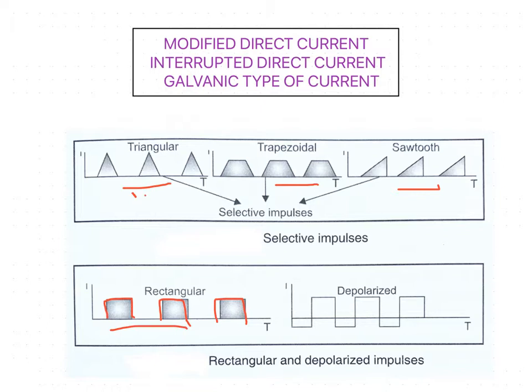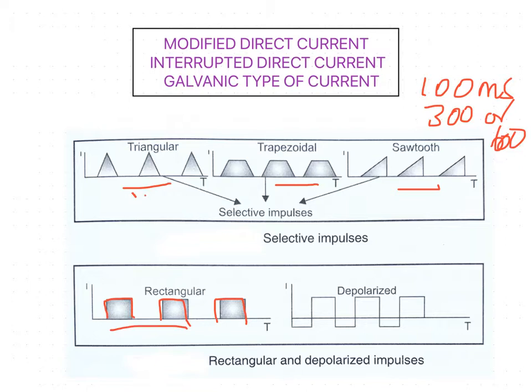The duration and frequency of the impulses can be adjusted, a duration of 100 milliseconds being commonly used, although it is often an advantage to increase this to 300 or 600 milliseconds.